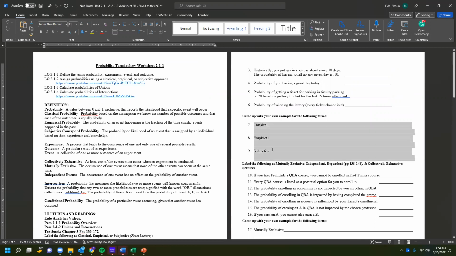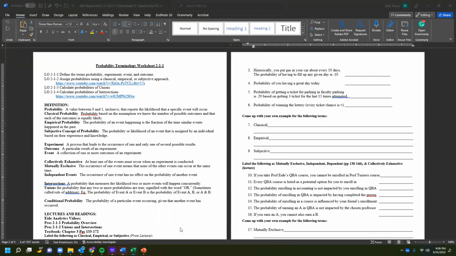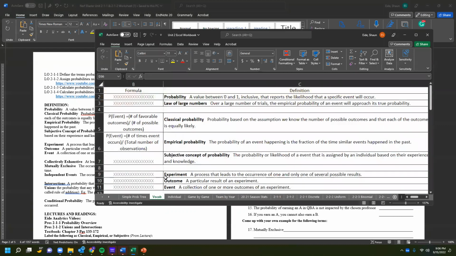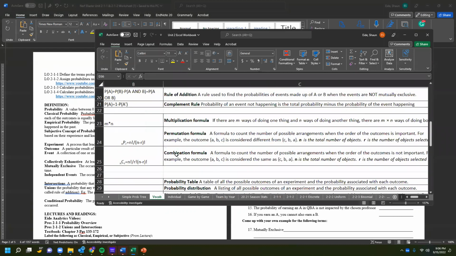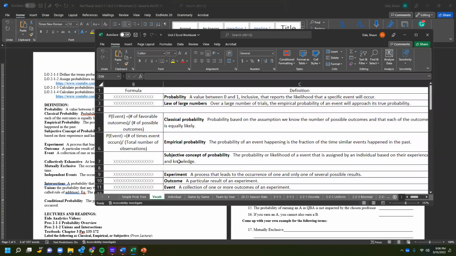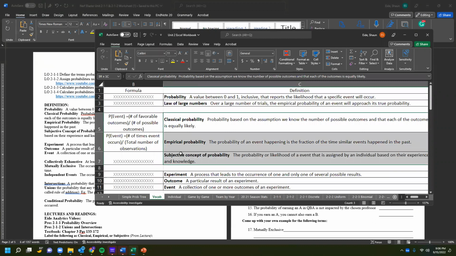And then right here, come up with an example of your own, which if you're going to put an example of your own in here, you should also probably open up the Unit 2 Excel workbook. And then you can go ahead and put your example under vocab for classical, empirical, and subjective.